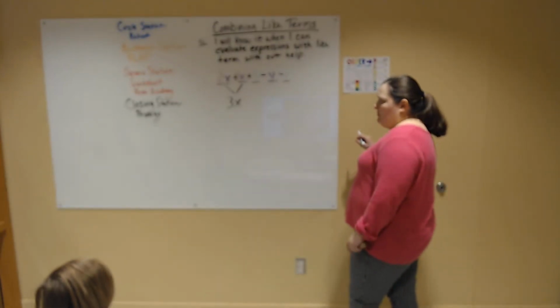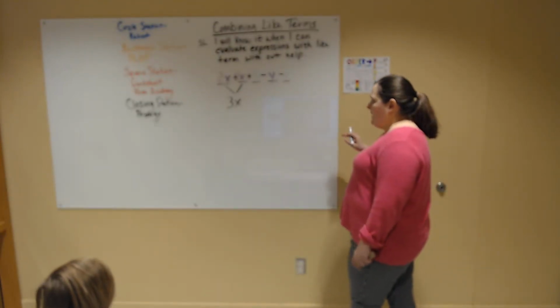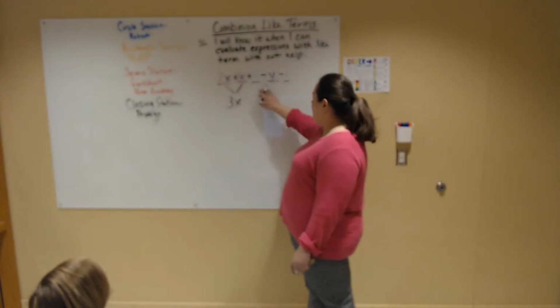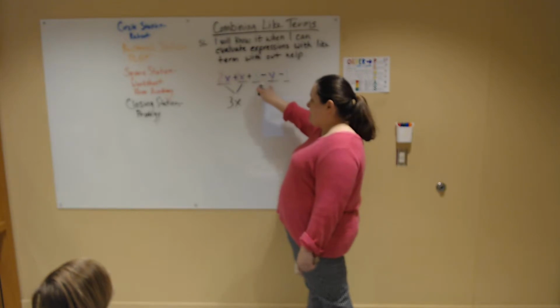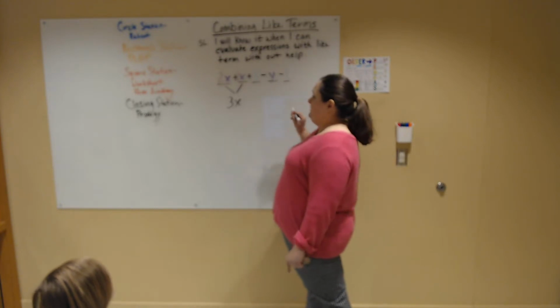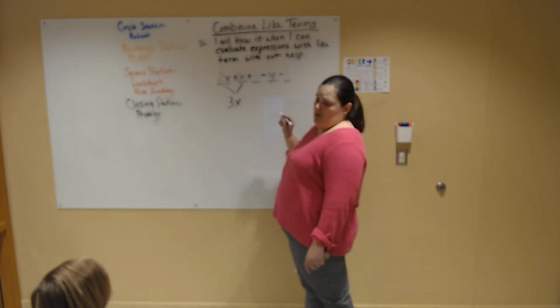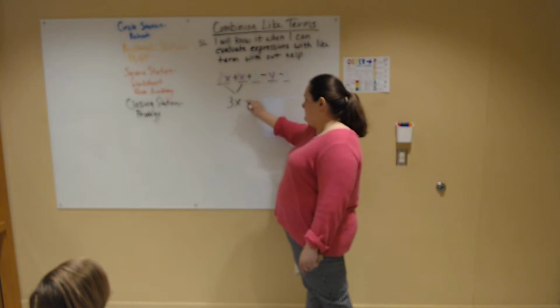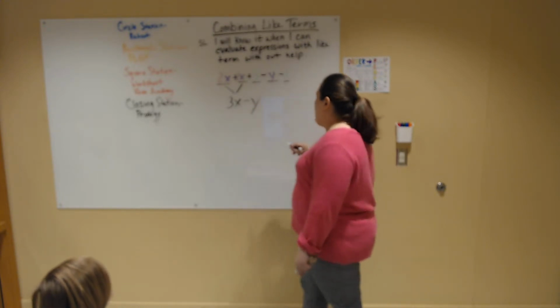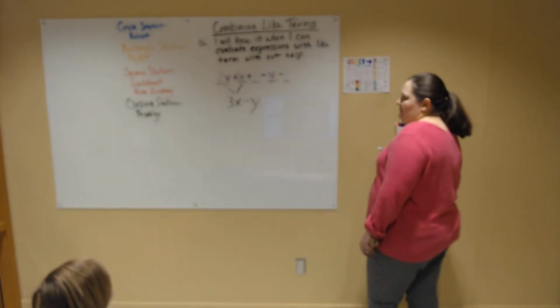What do you guys think we can do next? Is there another like term out there? 3 and y? Now 3 and y, those are 2 different terms. In y, there's only one of them. Now is it a positive or a negative? A negative. Negative, correct. So we have minus y, and now what else do we have that's the same?